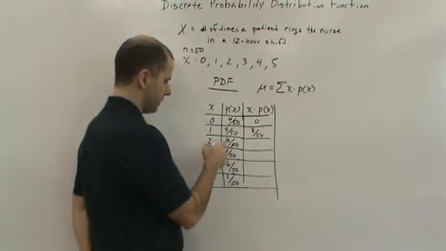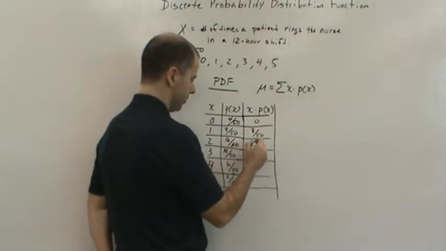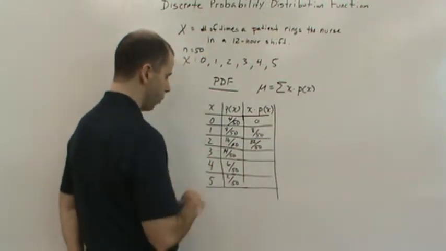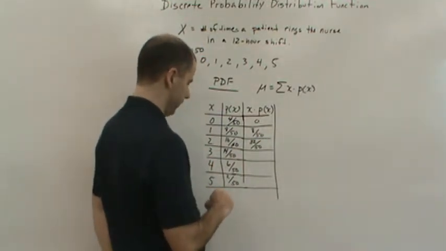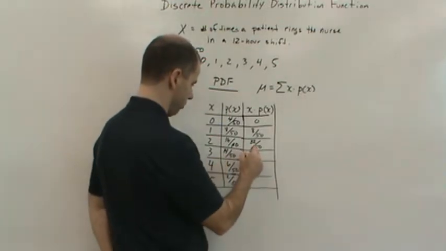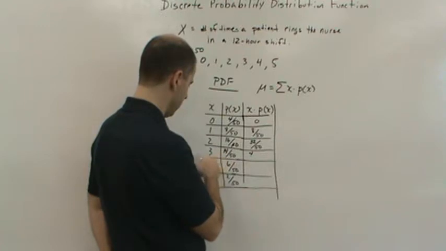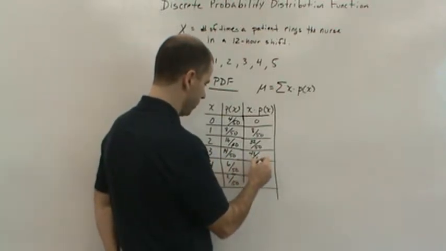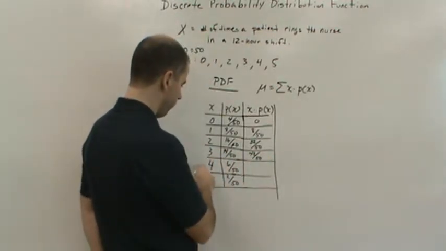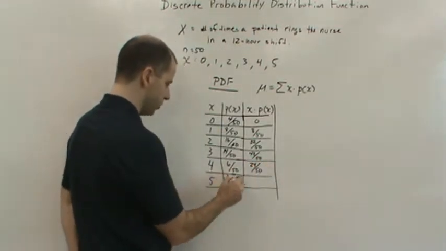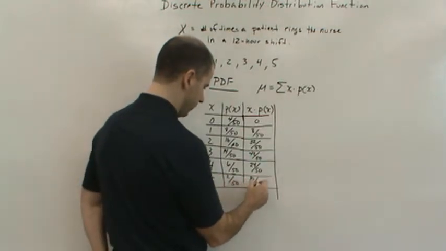If I do 2 times 16, I get 32 over 50. If I do 3 times 14, I get 42, right? So I get 42 over 50. And then 4 times 6 is 24, so I get 24 over 50. And then 5 times 2 is 10, so I get 10 over 50.